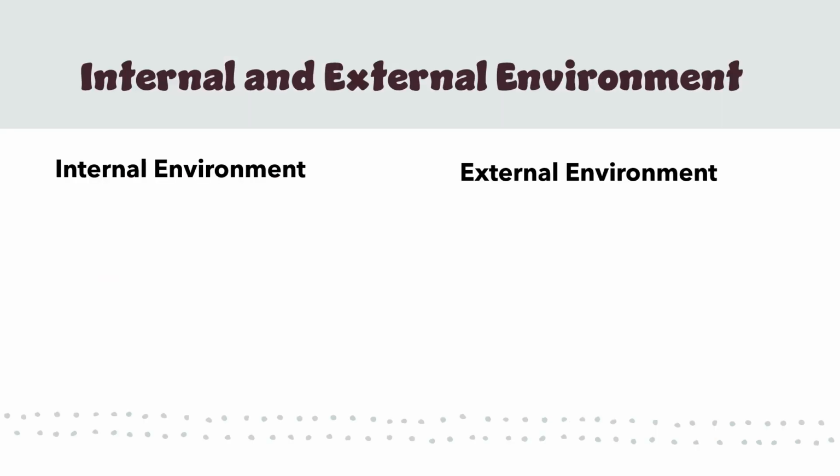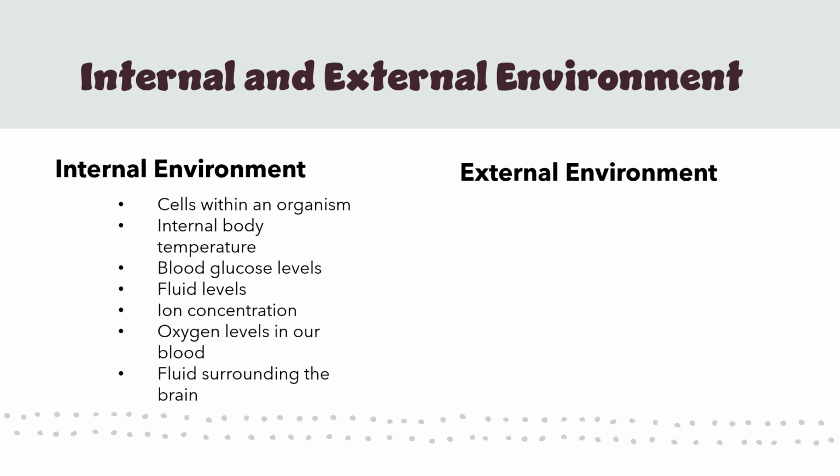So we said that homeostasis is about maintaining a relatively stable internal environment. I just want to quickly go over the difference between an internal environment and external environment. Your internal environment is your cells within an organism. It's your internal body temperature, your blood glucose levels, your fluid levels, iron concentration in the blood, oxygen levels in the blood, fluids surrounding the brain.